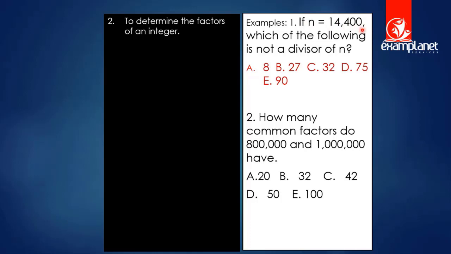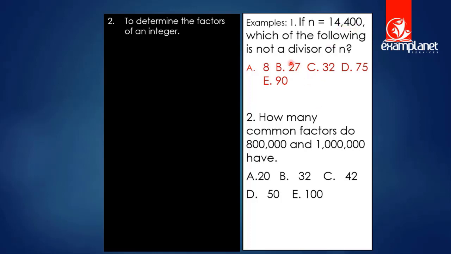It says if n is equal to 14,400, which of the following is not a divisor of n? That is, in this case, they are using the word divisor for a factor. So just note that. So here they want you to find the factor. Which of the following is not a factor of 14,400?